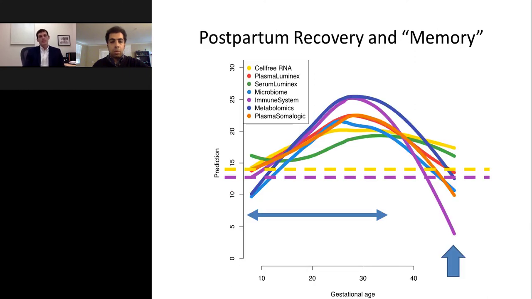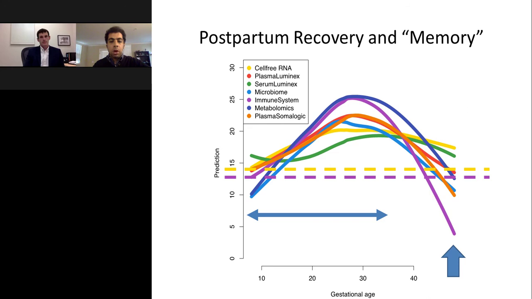We can also apply that from samples towards the right of the graph. These are the samples throughout pregnancy that have been used for building a model, and then you can apply them to the postpartum samples. You can see that most of them start progressing towards a non-pregnant state, but some, for example, cell-free RNA, have a higher, quote-unquote, memory level. It takes longer to recover back to baseline.